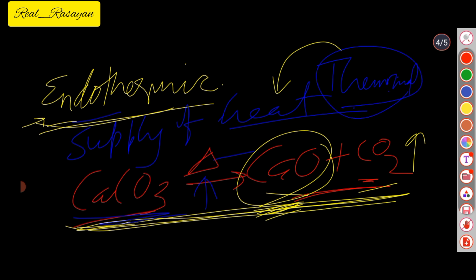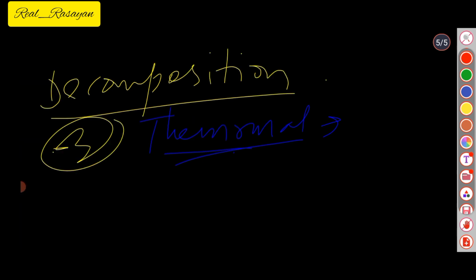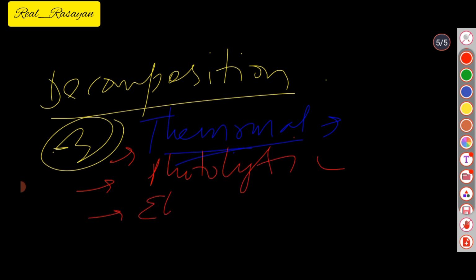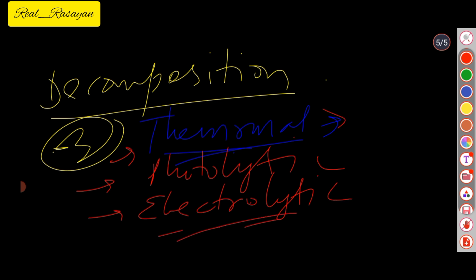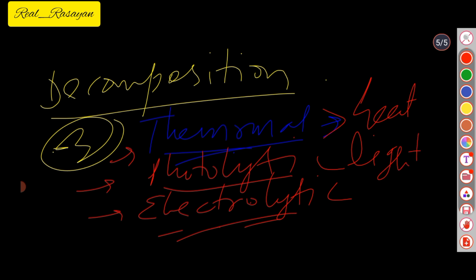So this is the example of thermal decomposition, calcium carbonate. Second one is photolytic, and next one is electrolytic. Thermal decomposition where heat is required, photolytic where light is required, and electrolytic where electricity is required. So decomposition can be possible by supplying heat, light, and electricity.